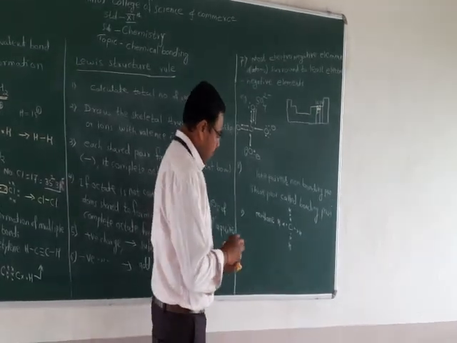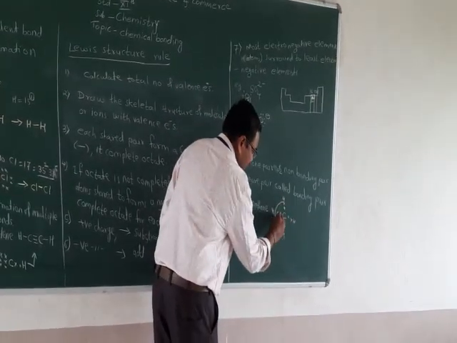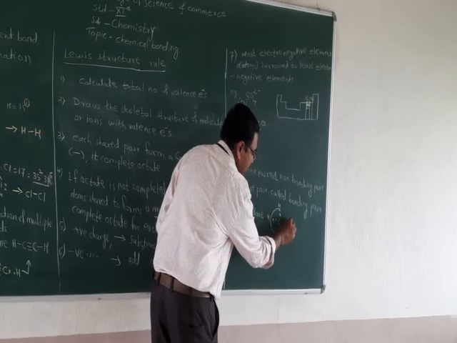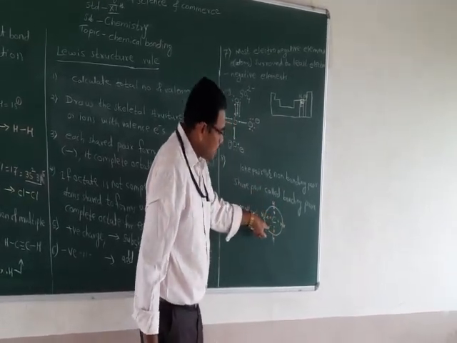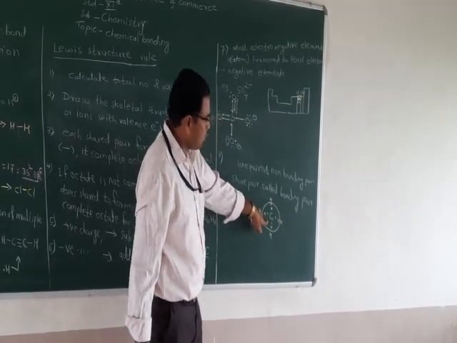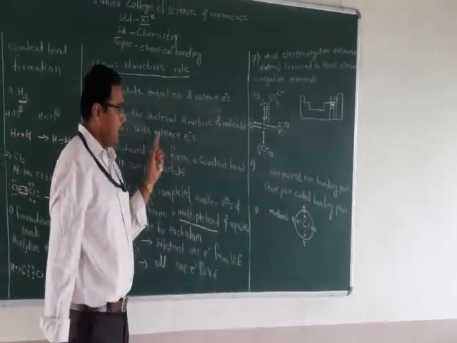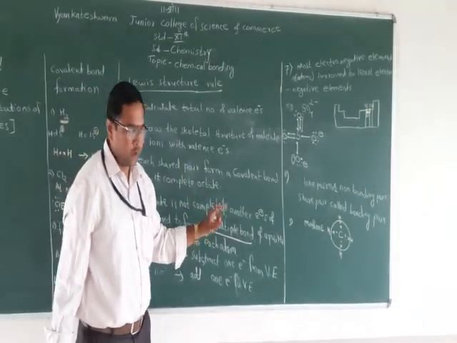At this time, the carbon atom completed its octet. That is, this circle contains a total of 8 electrons. Hence, this molecule has completed its octet and is a stable molecule.